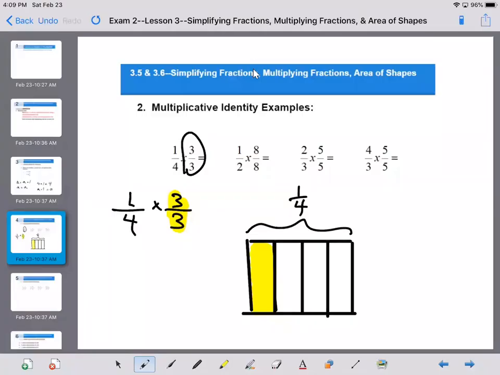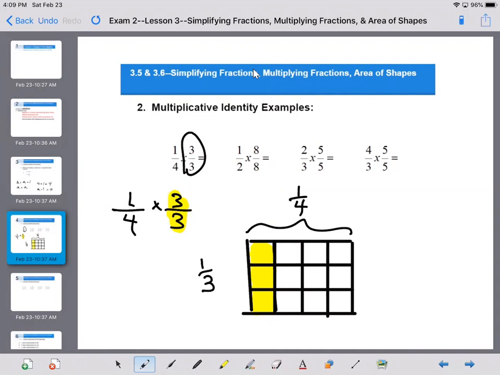So let's split the horizontal side into thirds, and then what we can see is we've just created a third. I'm showing 3/3, but I also want to split this into thirds, and I already highlighted 1/4.